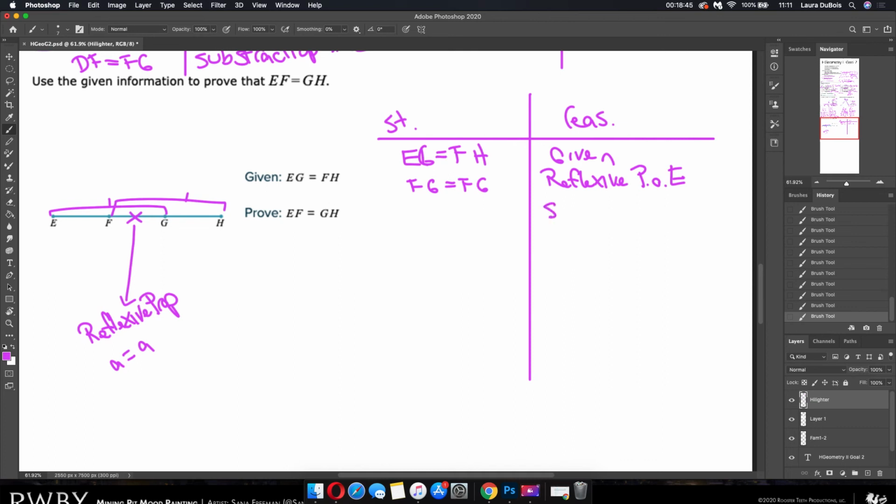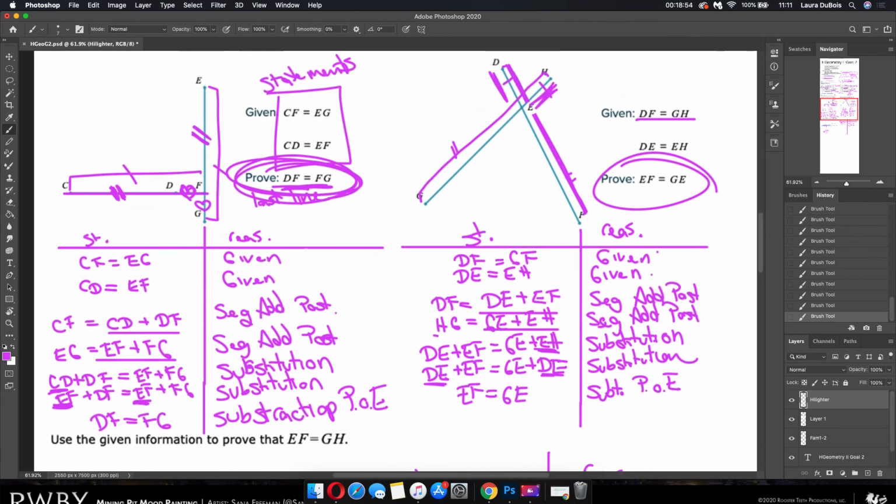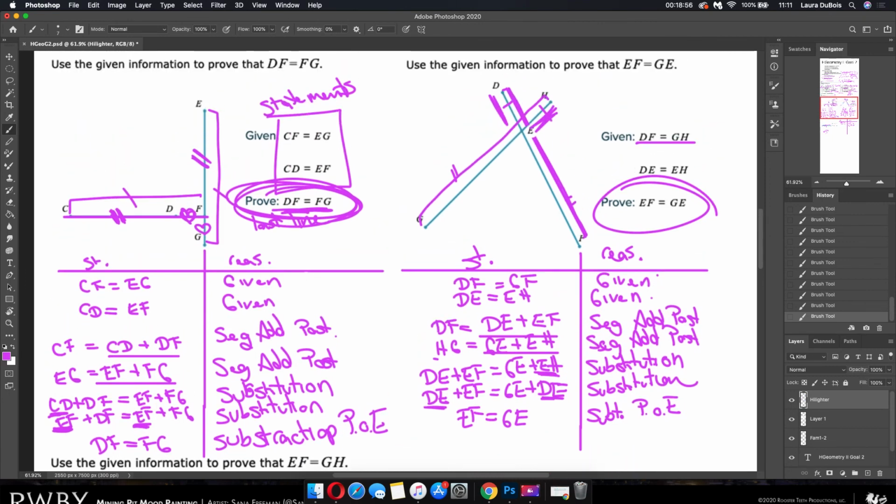What else? Now we're going to use the segment addition postulate yet again because we're going to be breaking this up. Up over here, they gave you the segments because they were very obviously set up. You had one very obvious segment and then another, or over here you have the one vertical segment and then the one horizontal segment.